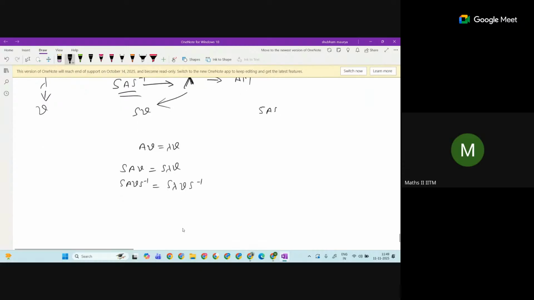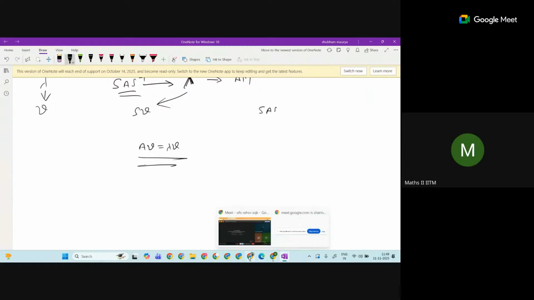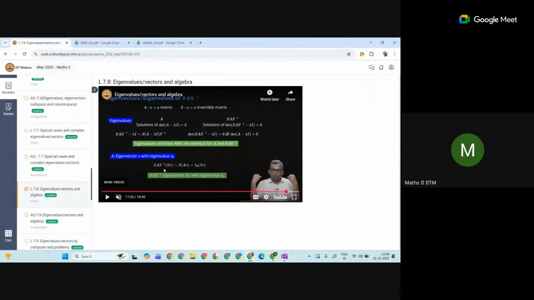Now think about A inverse and multiplying by this V. What is the proof here? Simple step proof. Okay, multiply with V.